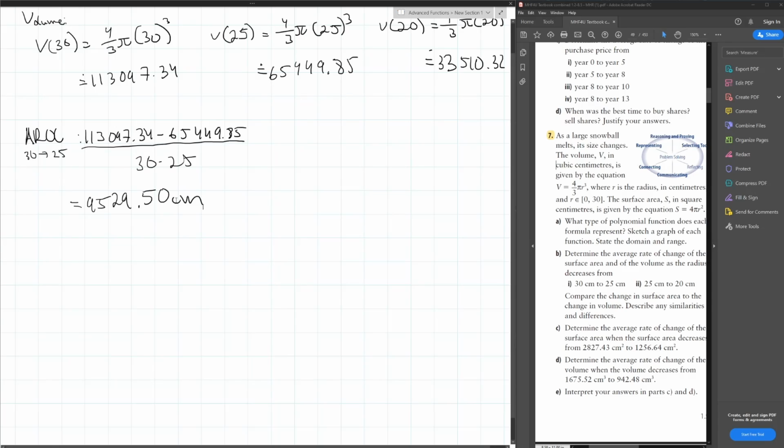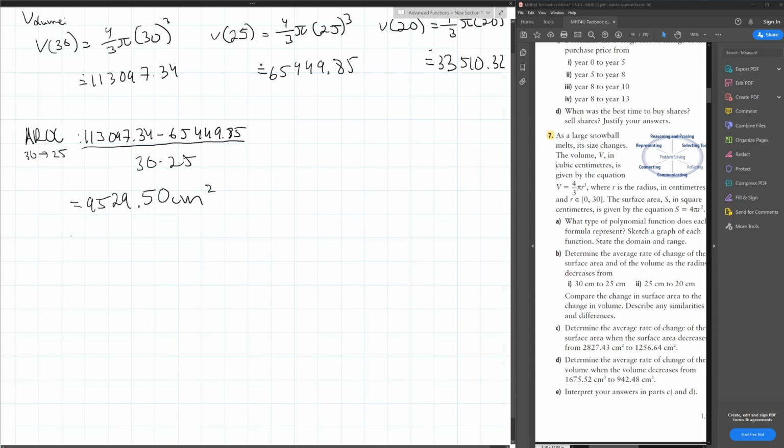I don't think you'd have to put the 0. I just wrote it because I thought it looked cute. Oh wait, centimeters squared, because that's the units we were working with. This would be centimeters cubed divided by centimeters, so centimeters squared.